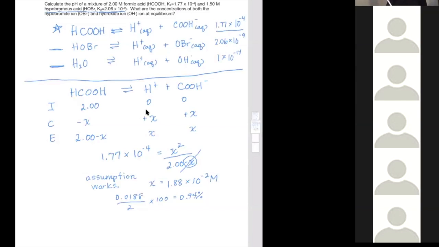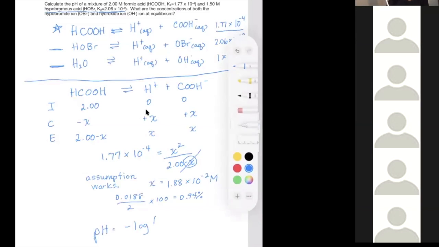And now we can calculate the pH. The pH is equal to the negative log of 1.88 times 10 to the negative second. And that gives us 1.73.